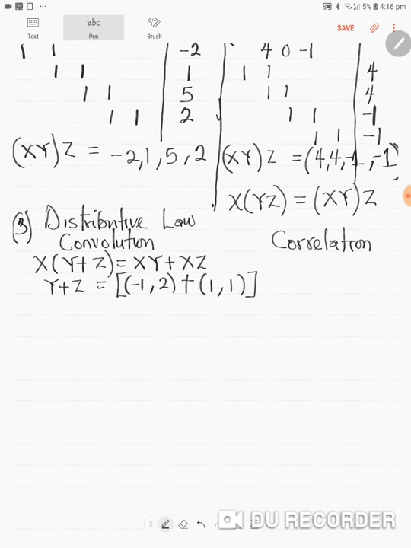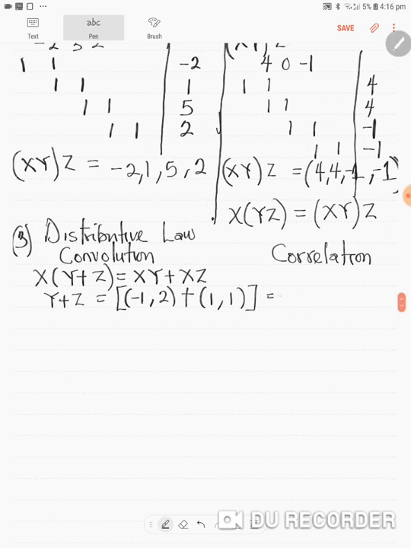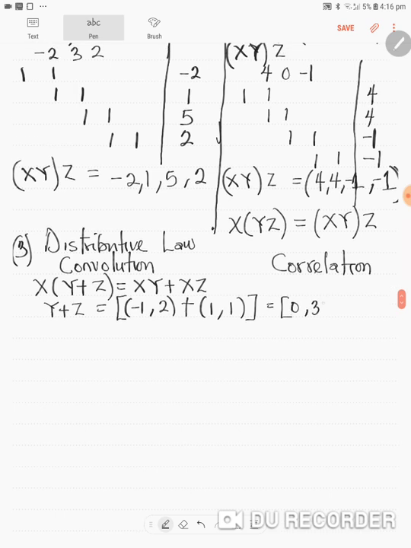So minus 1 plus 1, of course, is 0, and 2 plus 1 is 3. So our value for y plus z is 0, 3.